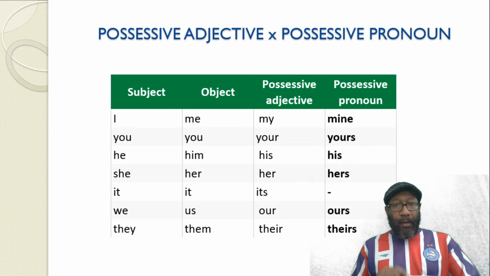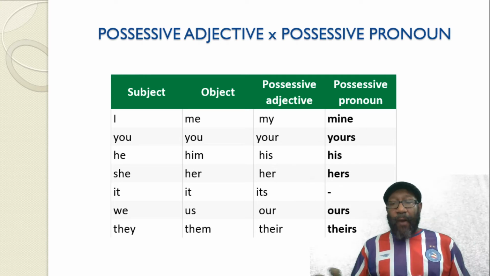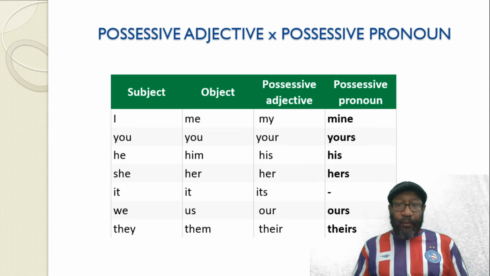For example, my watch, your wife, his kids, her mother, its problem, our time, and their beliefs. So I'm qualifying the nouns with these adjectives.